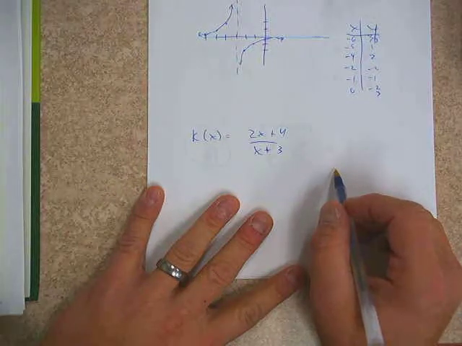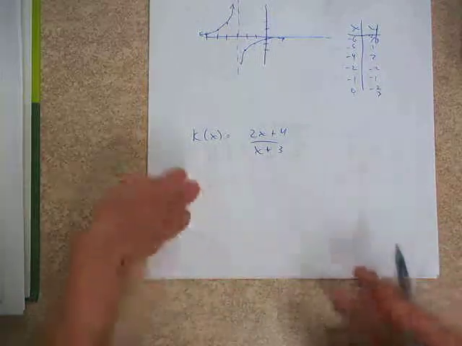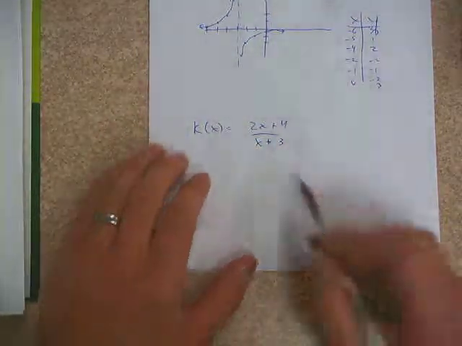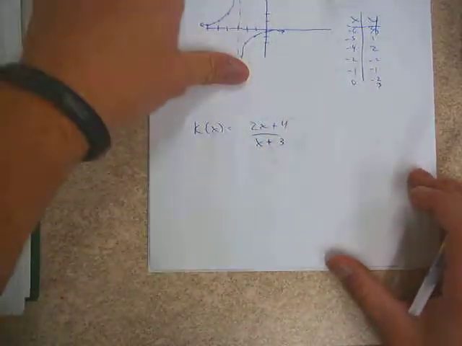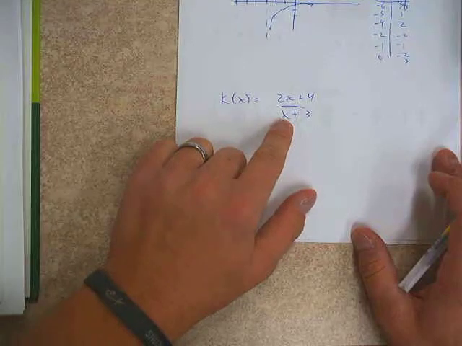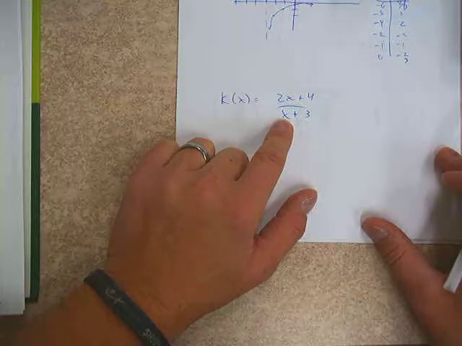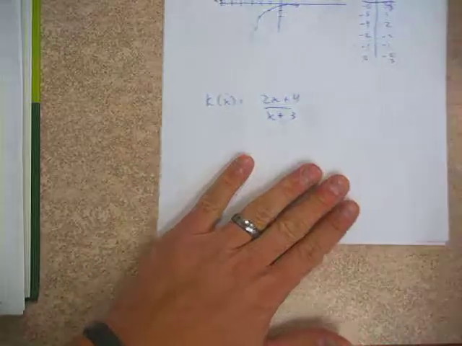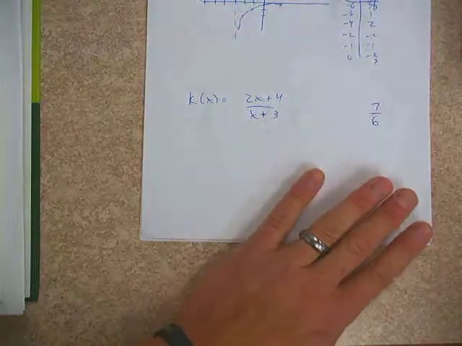Now, the key thesis here is that this time, instead of having a transformation of the 1 over x function, either by adding or subtracting to the x, if you will, or putting something on the outside, etc., okay, we have a linear piece on top. Okay, the parent function is not linear on top; it's constant. True. So here's what we're going to have to do for this. We're going to have to actually transform this so that we can see what this is going to look like, okay, in terms of that 1 over x function.